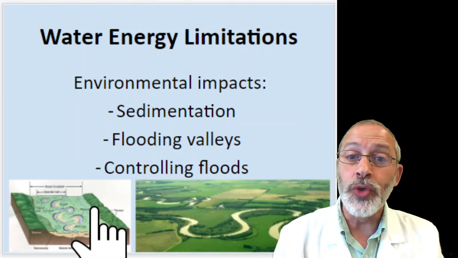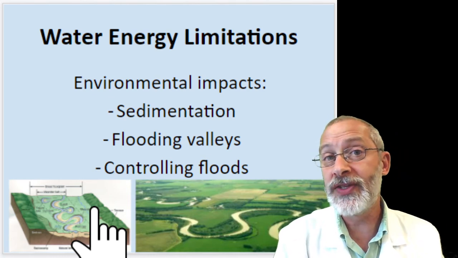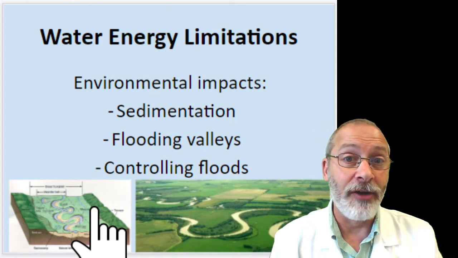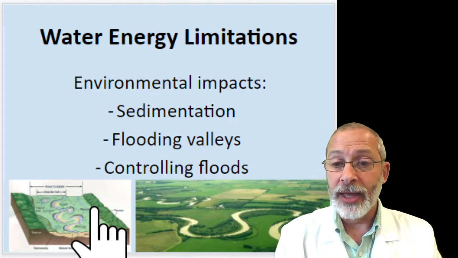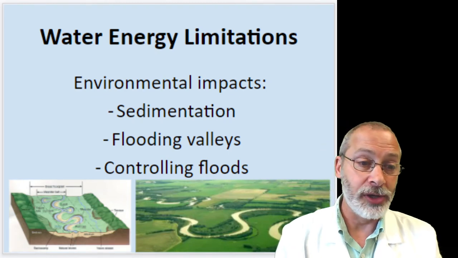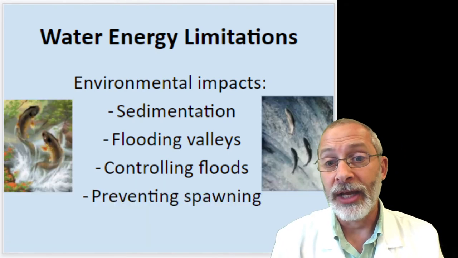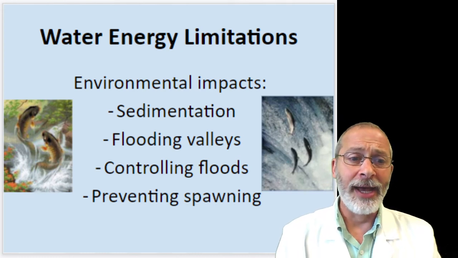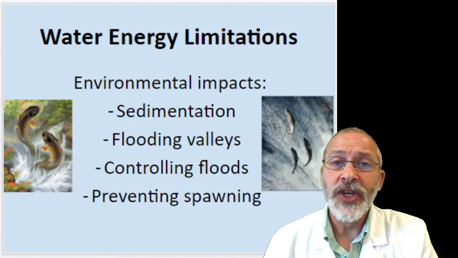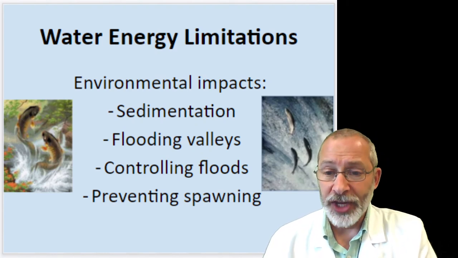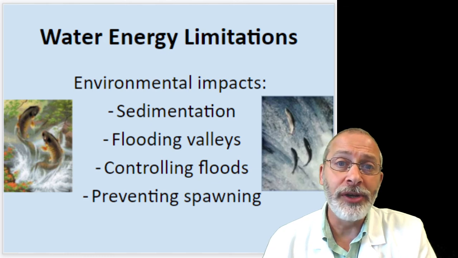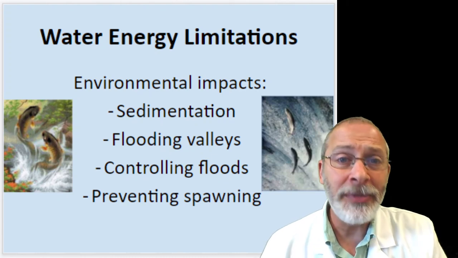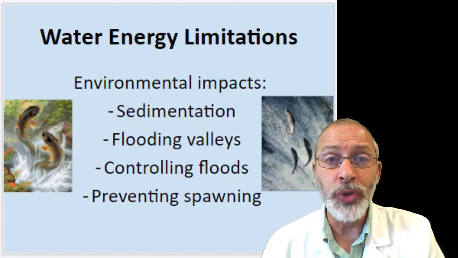So dams can be used to actually control floods upstream and downstream of the dam itself. And that has been an argument that has been used over the years as both a benefit and a limitation. Here's another limitation, by the way. Building dams prevents spawning fish that spend most of their life in the ocean and then come upstream in rivers to spawn, to reproduce.